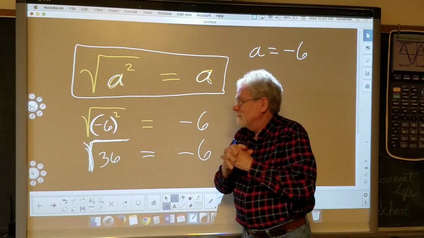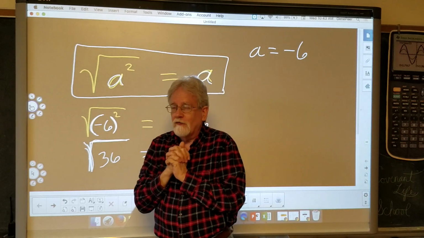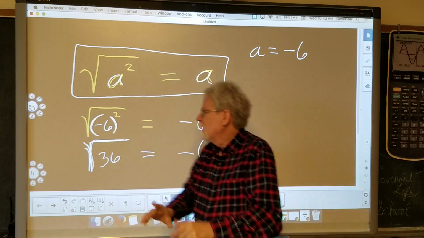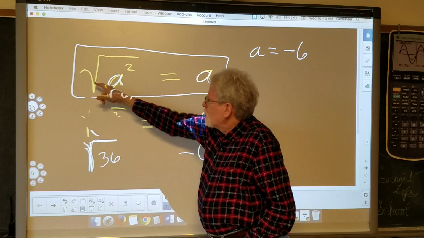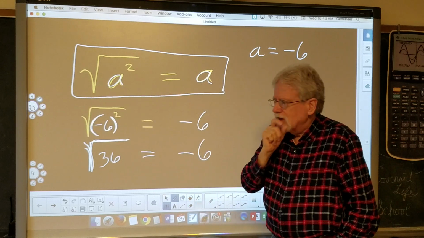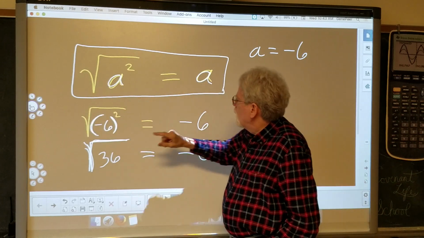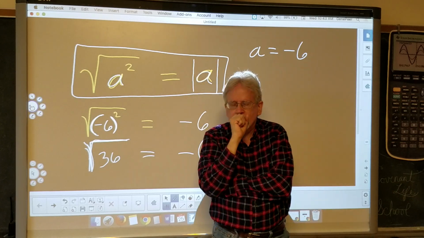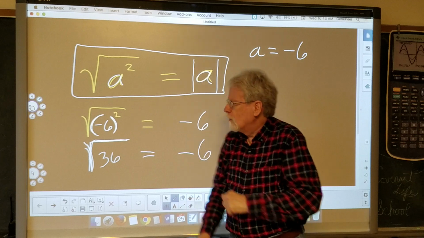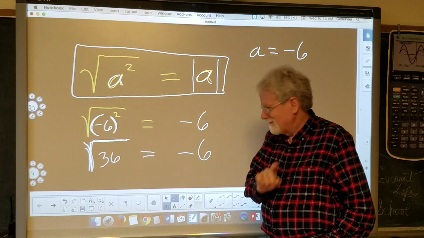But what if we cheat the system a little bit here? What if we say, not that the square root of a squared is a, but suppose we say that the square root of a squared is the absolute value of a. Would that work? Let's try it.